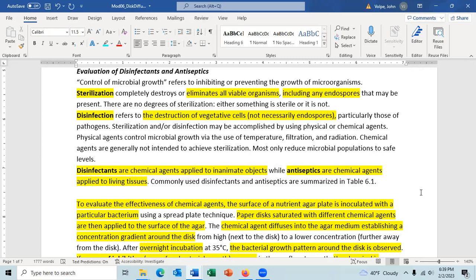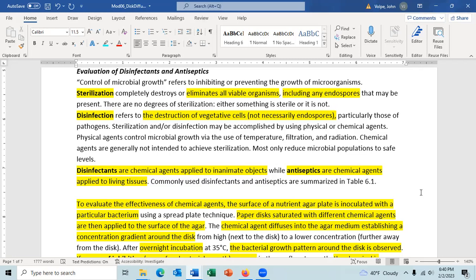We call it a disinfectant if it's a chemical agent used on an inanimate object to disinfect the object. On the other hand, we call it an antiseptic if it's a chemical agent and we apply it to living tissue. And that would not be called disinfection, that would be called, what is that called? Antisepsis, something like that.